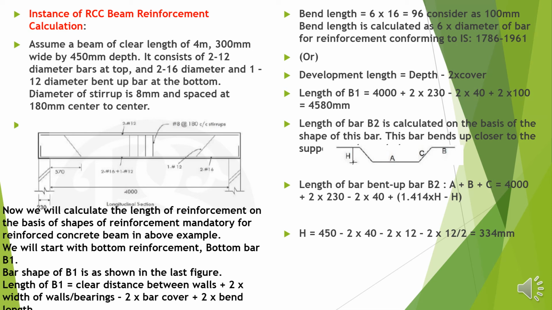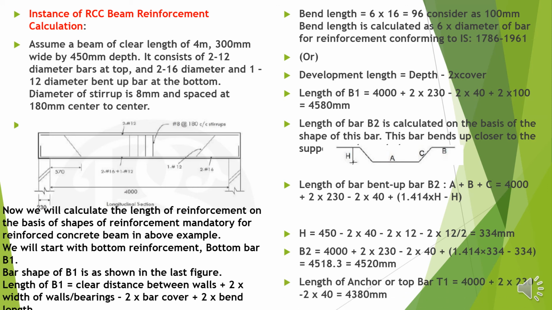H is equal to 450 minus 2 into 40, that is the cover, minus 2 into 12, that is the dia of the bar, minus 12 into 2, that is 334 millimeter. So B2 is equal to 4000 plus 2 into 230 minus 2 into 40 plus 1.414 into 334 minus 334, 4518.3, that is 4520 millimeter.